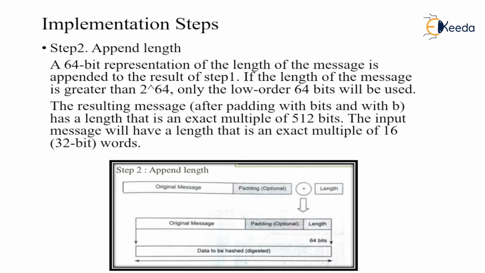Whatever combined output we get is then considered the complete data which is to be hashed, which has to undergo the digest functionality. So the input message will have a length that is an exact multiple of 16 words, that means 32 bits each.